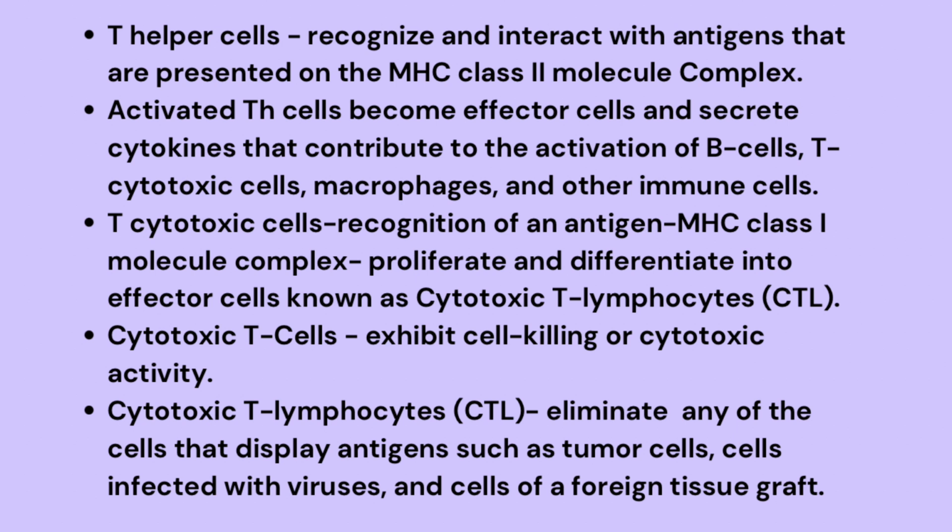So then these T cytotoxic cells will proliferate and differentiate into effector cells known as cytotoxic T lymphocytes. So these cytotoxic T lymphocytes, they don't induce the secretion of cytokines. Instead, they will exhibit cell killing or cytotoxic activity.